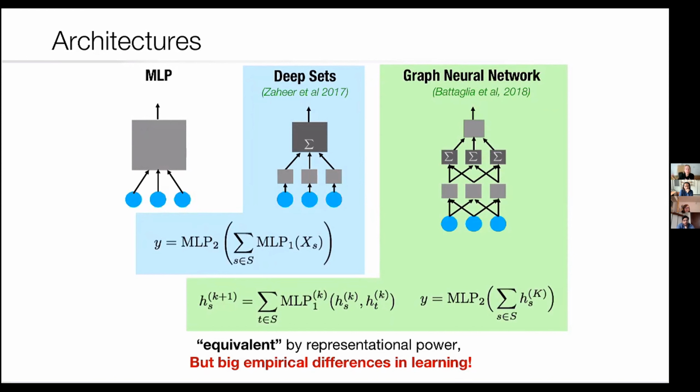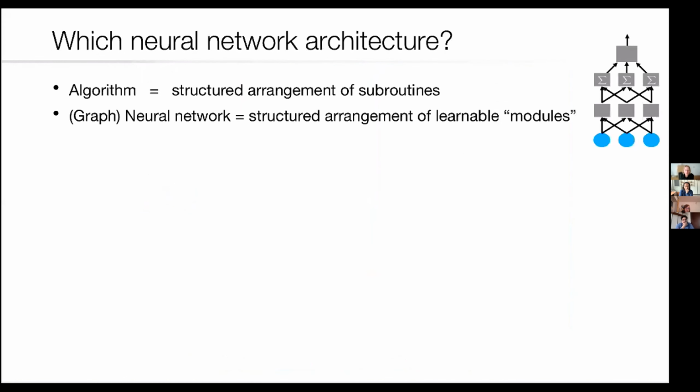It's more than just a smooth function. It's some kind of function over collections of items, but there is more to it. Many of those tasks that I showed as algorithmic reasoning tasks, like forecasting physical systems, learning a shortest path, or a graph algorithm, are tasks that can be computed by an algorithm, and often actually a dynamic program.